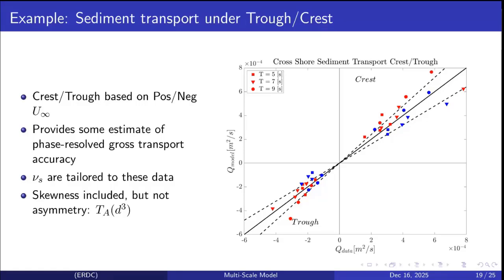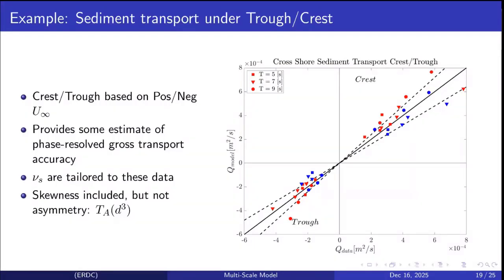And also point out that skewness plays a role here, both in the bed load and in the suspended load. The bed load, of course, because it goes like the shear stress, and the dissipation is a function also of the skewness. And so those are included in an inherent way in these model results.